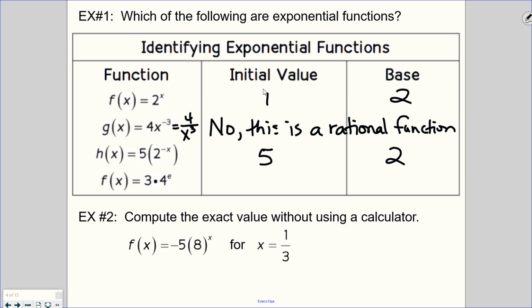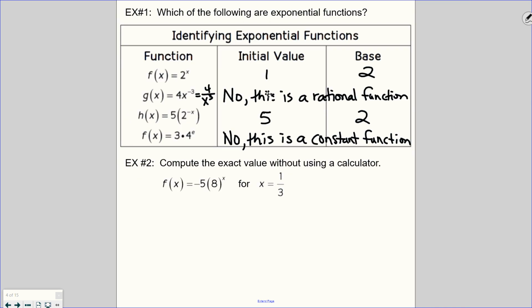Well, e looks like a variable because it's a letter, but it's actually a constant. So this is not an exponential. This is a constant function. It's just like y equals 2, only it's not 2, it's 3 times 4 to the e, but it's just that.